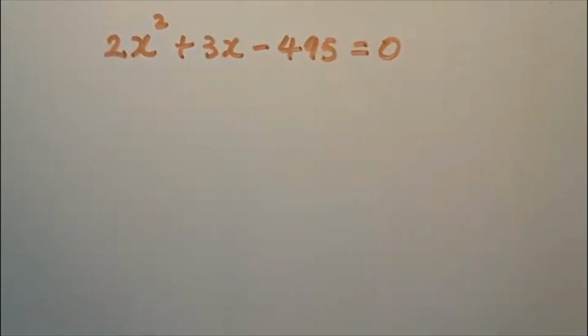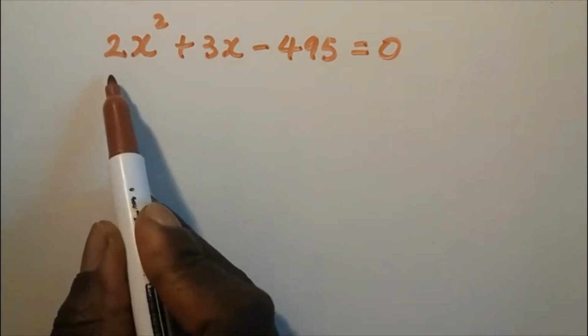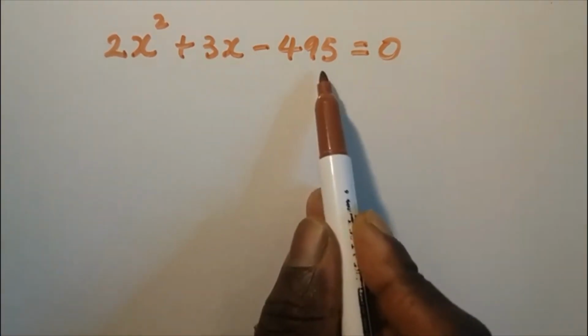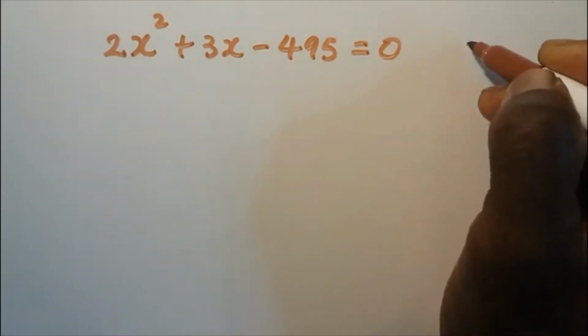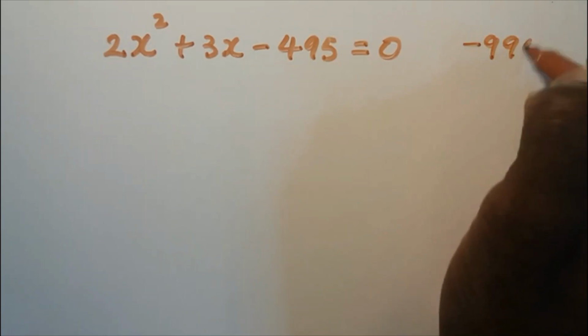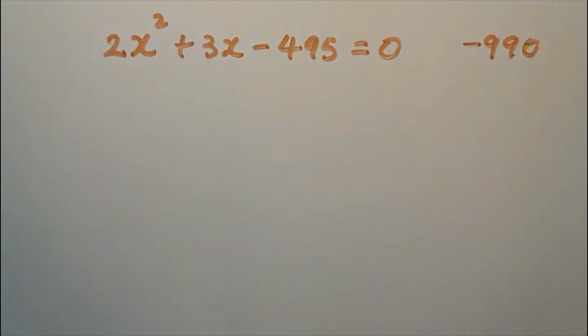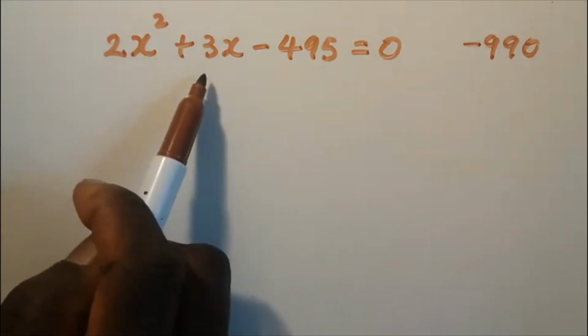Now if we find a product AC, it will give us 2 times minus 495. That gives us minus 990. So we need to find two numbers that when multiplied will give us minus 990, and when added will give us the coefficient of x, which is 3.